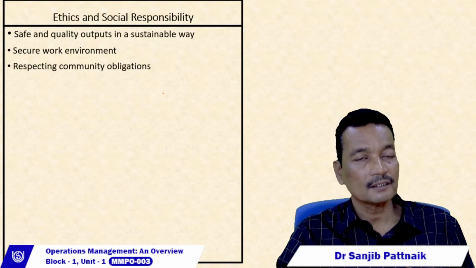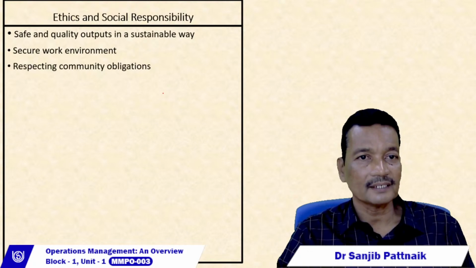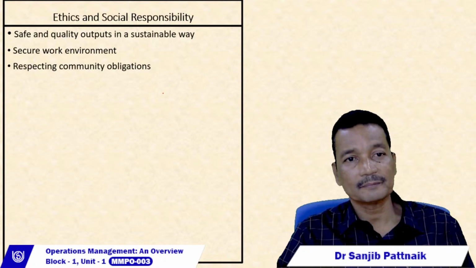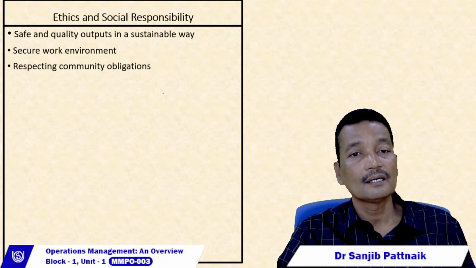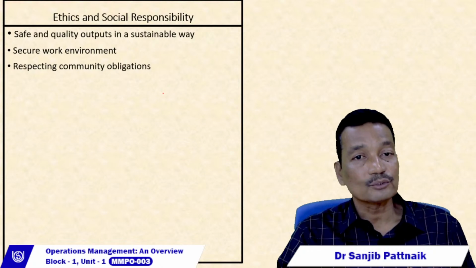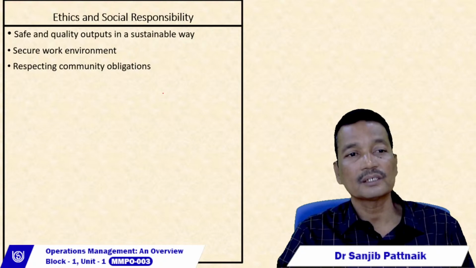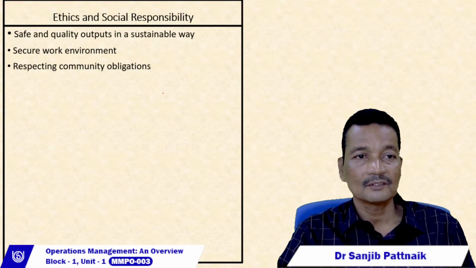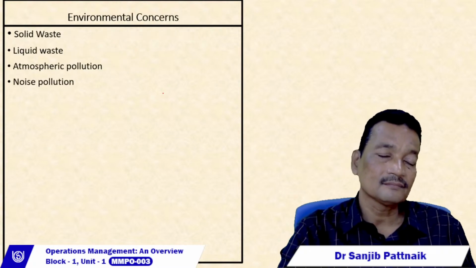Apart from that, every organization nowadays has to be ethically correct and socially responsible. The societal aspect should be taken care of. Otherwise, customers are nowadays choosing organizations who take care of these two things. So, here we should respect the community obligations.